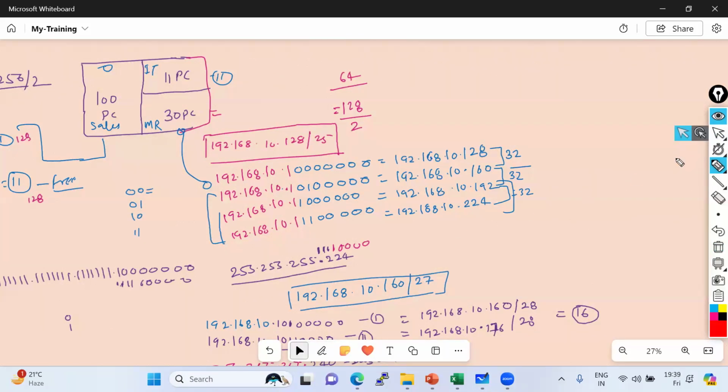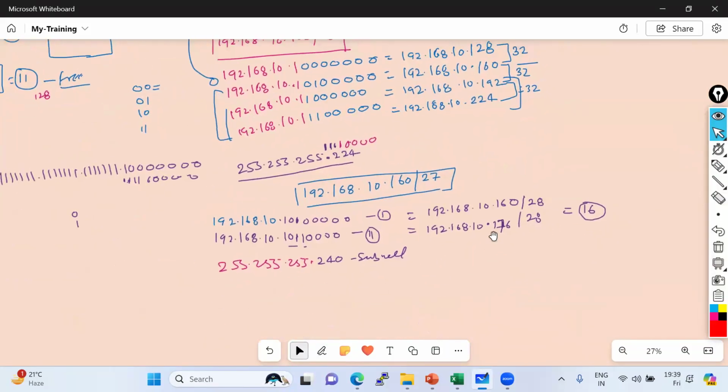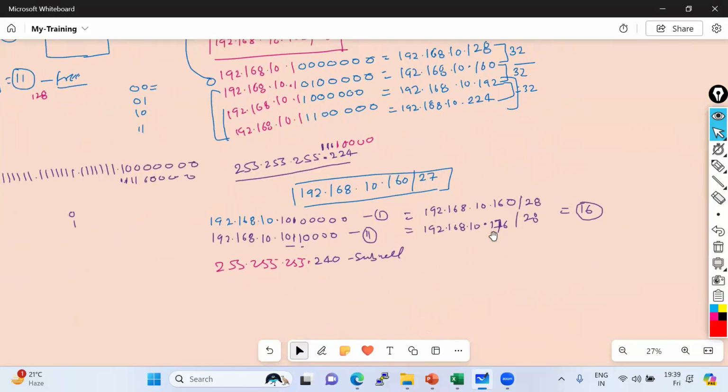So now let's validate before we go on. For the one that has the 100 PC, I would say the network address or subnet is 192.168.10.128, right? Can you scroll up? Let me see what is on the top.